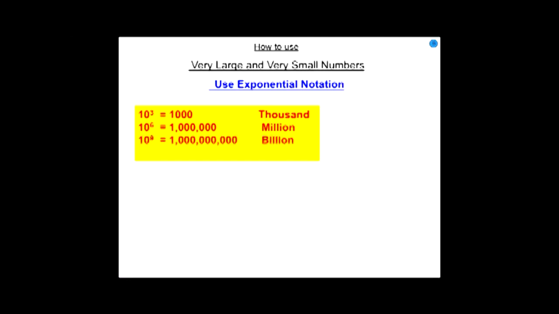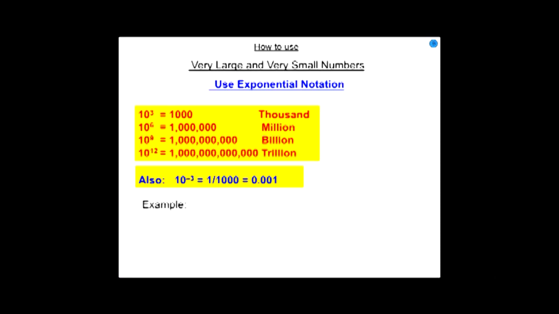A billion, instead of 9 zeros, you write 10 to the 9. And a trillion, instead of writing 12 zeros, 10 to the 12. You can go towards smaller numbers as well. 10 to the minus 3 is 1 divided by 1,000, a thousandth, in other words. 10 to the minus 6 is a millionth, 10 to the minus 9 is a billionth, 10 to the minus 12 is a trillionth.